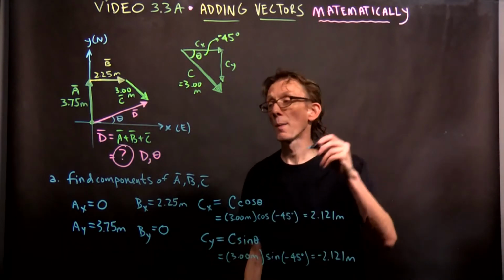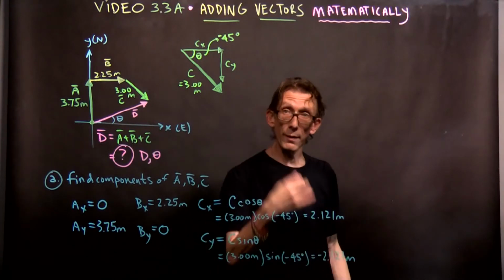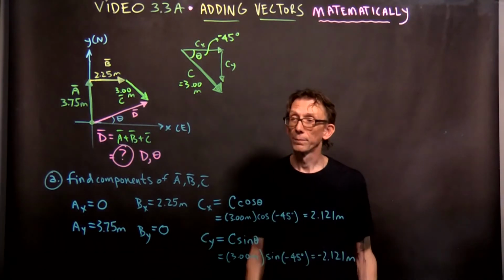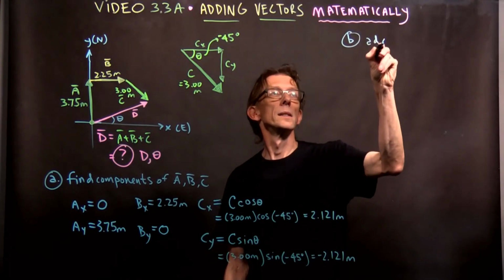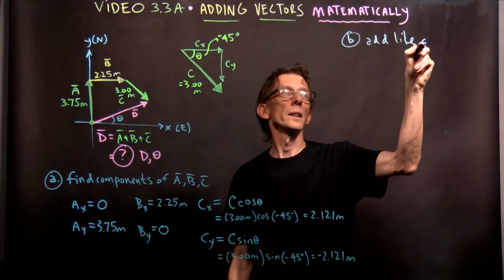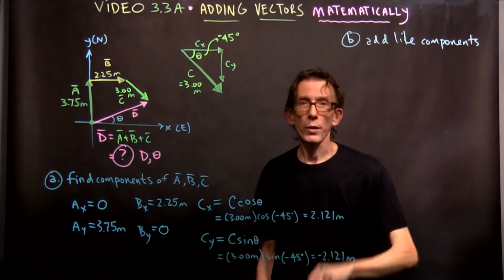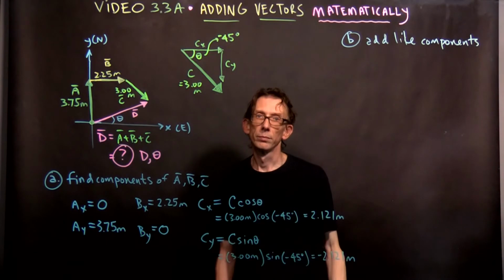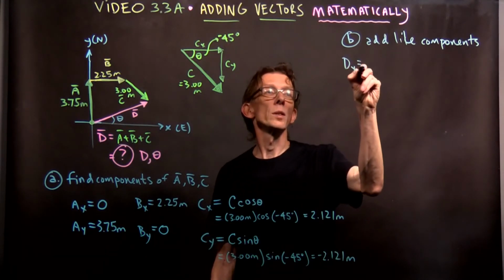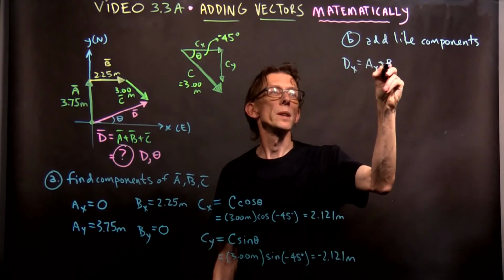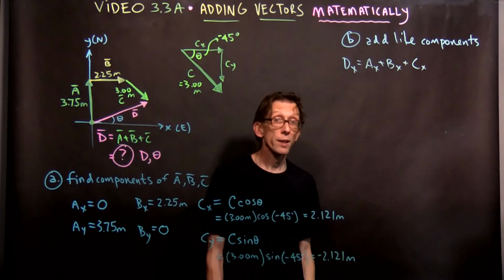Now the second step. The first step was to find the components. Now we have the components, 3 X's and 3 Y's. The second step is to add like components. The x component of the resultant is going to be AX plus BX plus CX, without the vector signs.